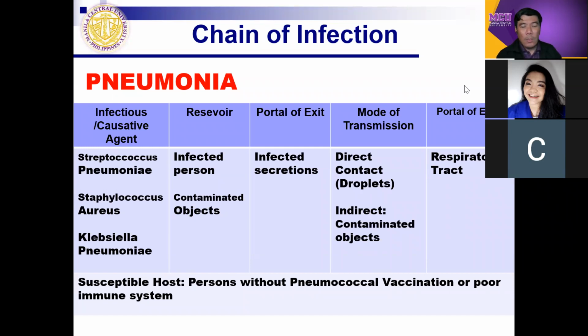So ibig sabihin, kung infected person, direct contact, droplet. Kung contaminated objects naman, it could be indirect contact. So ano yung portal of exit? Yung portal of exit, yung secretions coming from the reservoir. At the mode of transmission naman ay direct contact from the droplets or from the infected secretions at doon sa mga contaminated objects.